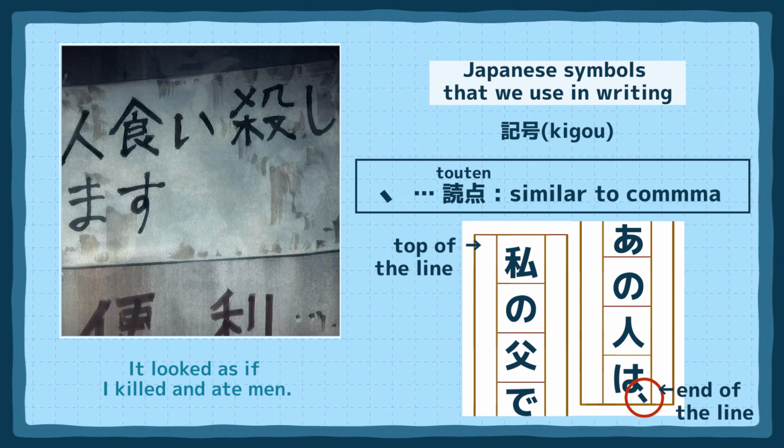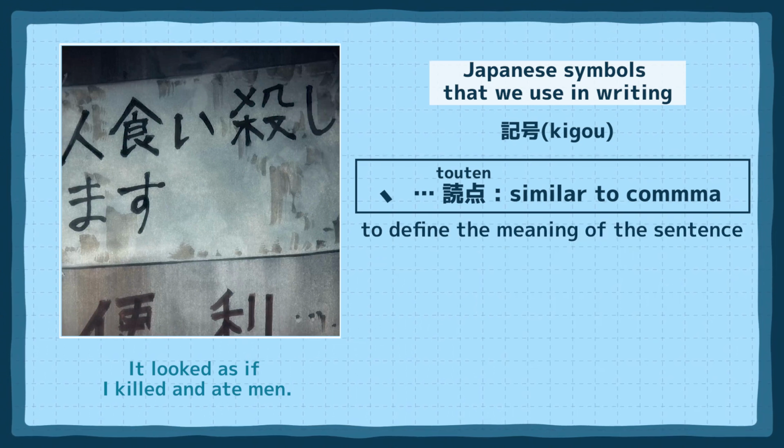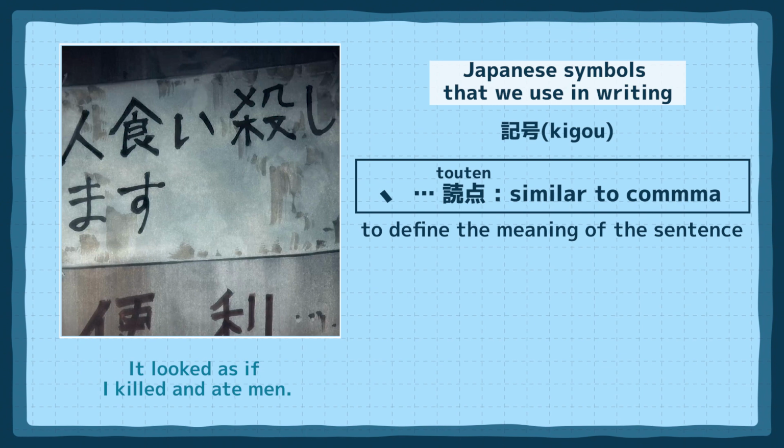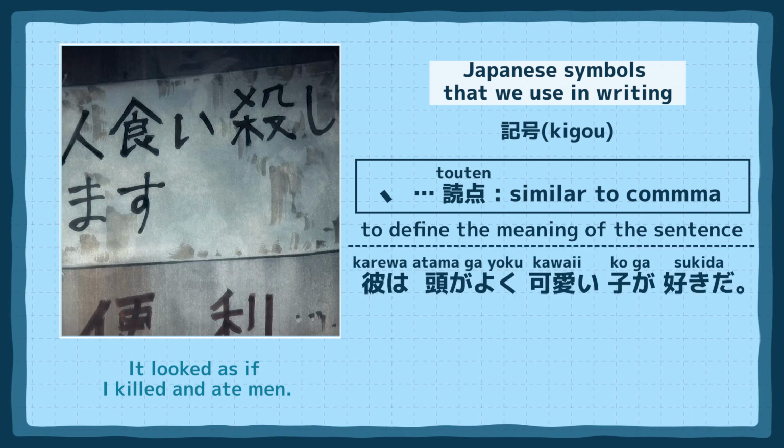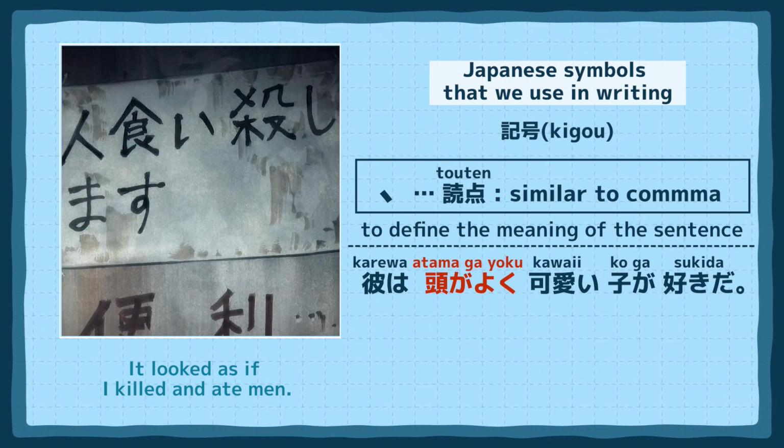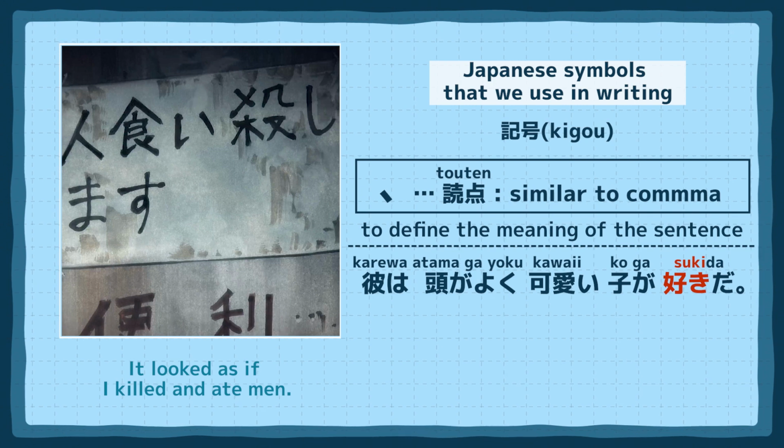Okay, back to touten. There are a few rules when you use it. Rule number 1. If there are many qualifying words and you need to define the meaning of the sentence, you should use it to make the sentence clear. This is an example line. 彼は頭が良く、可愛い子が好きだ。彼 is he, 頭が良く, the original word is 頭が良い, which is smart, 可愛い is cute, 子, in this case I say girl, 好き is like.